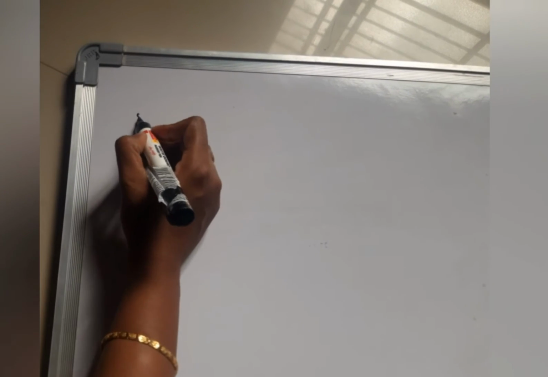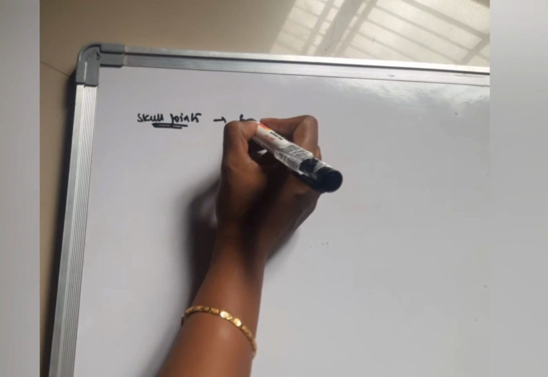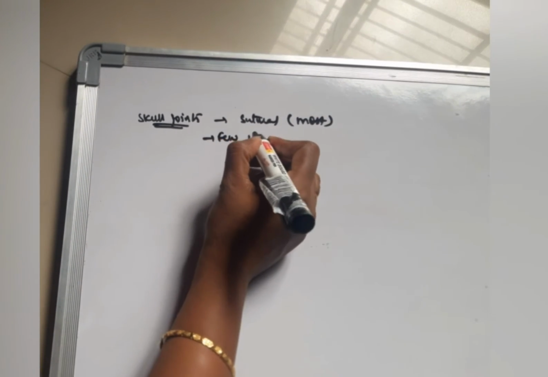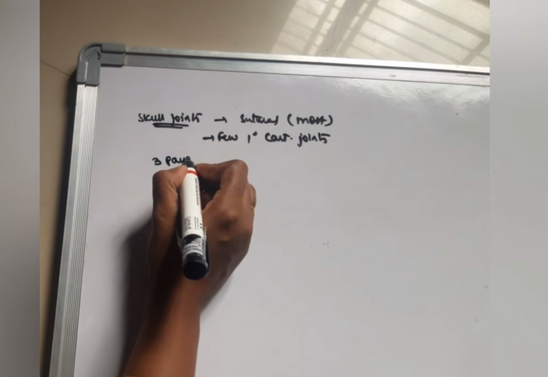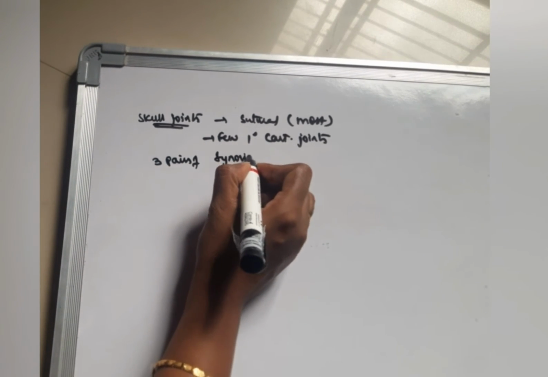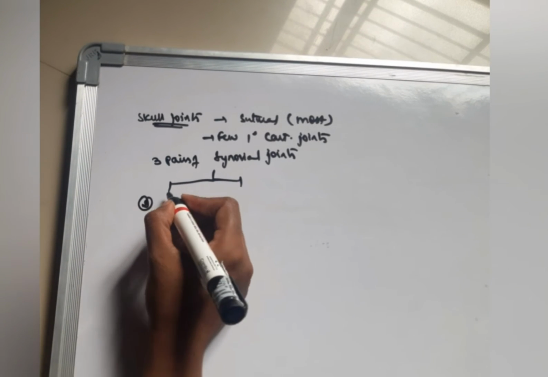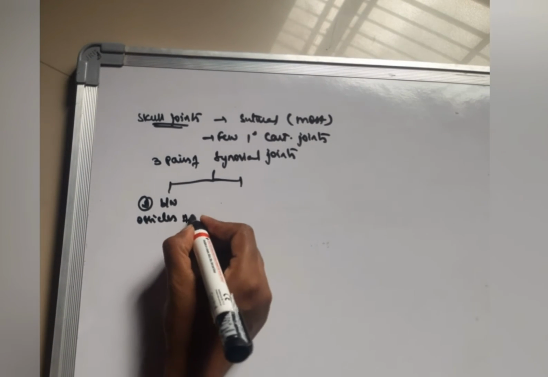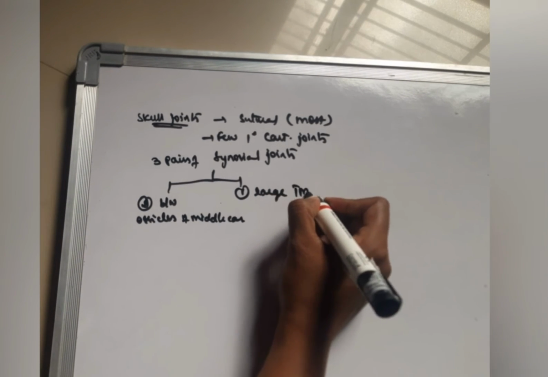Now after the bones of the skull, let's see the joints of the skull. Skull joints. Mostly all of the joints are sutural joints, but a few primary cartilaginous joints can also be seen. And there are 3 pairs of synovial joints, of which 2 synovial joints are present between ossicles of the middle ear, and 1 large joint is seen in the TMJ.